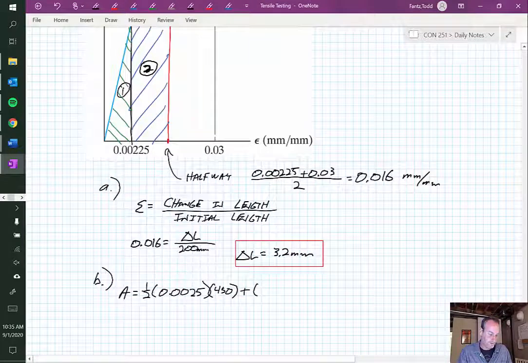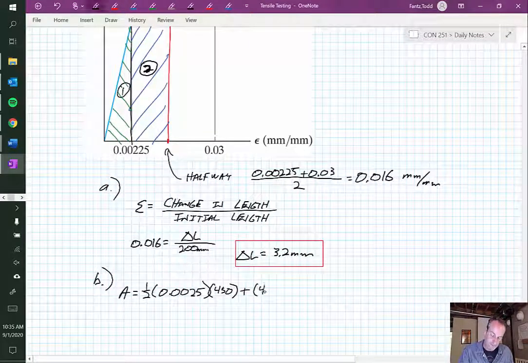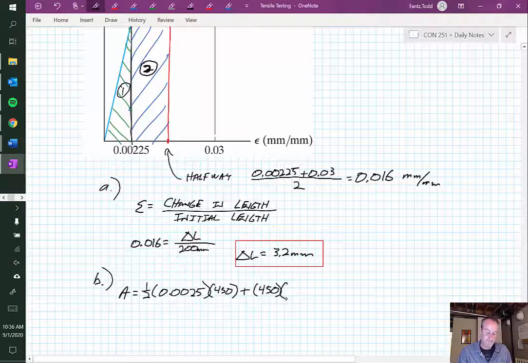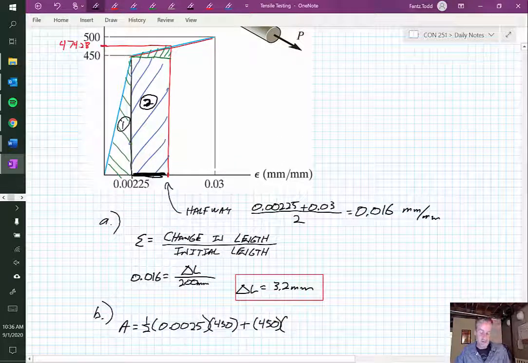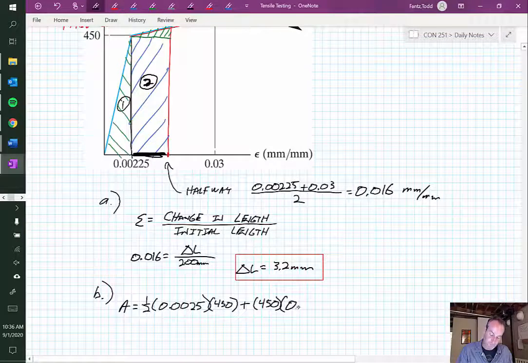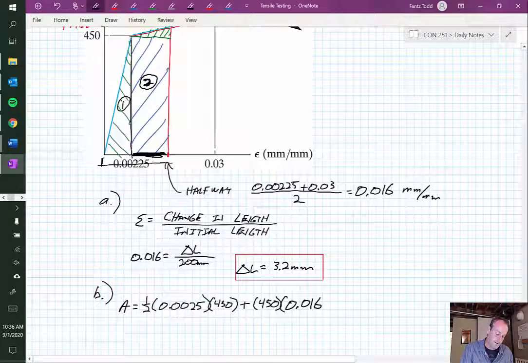And that rectangle I know is 450 for the height. And then that base, well, what is this length right here? Well, I know that it's 0.016 from here all the way over to there, but I have to subtract out that other little bit. So I'm going to subtract out 0.00225.